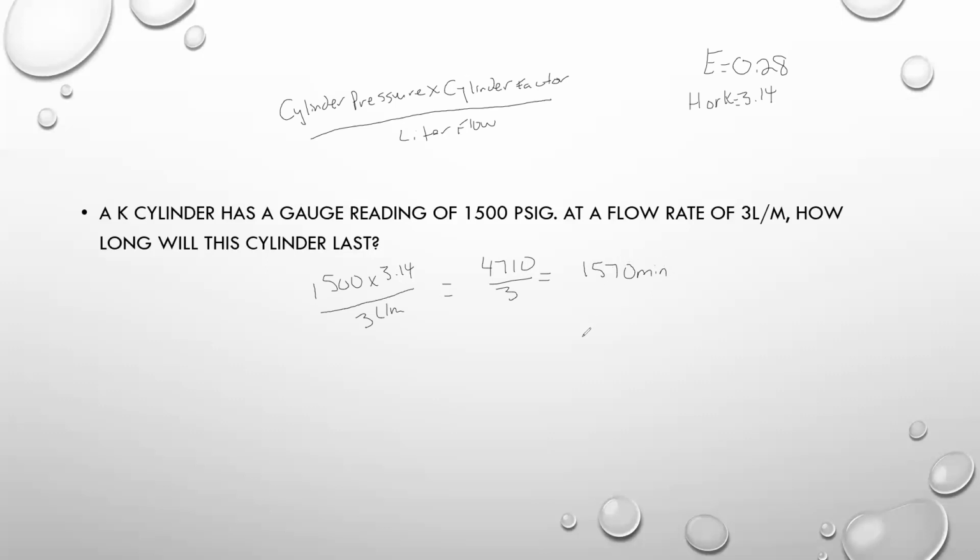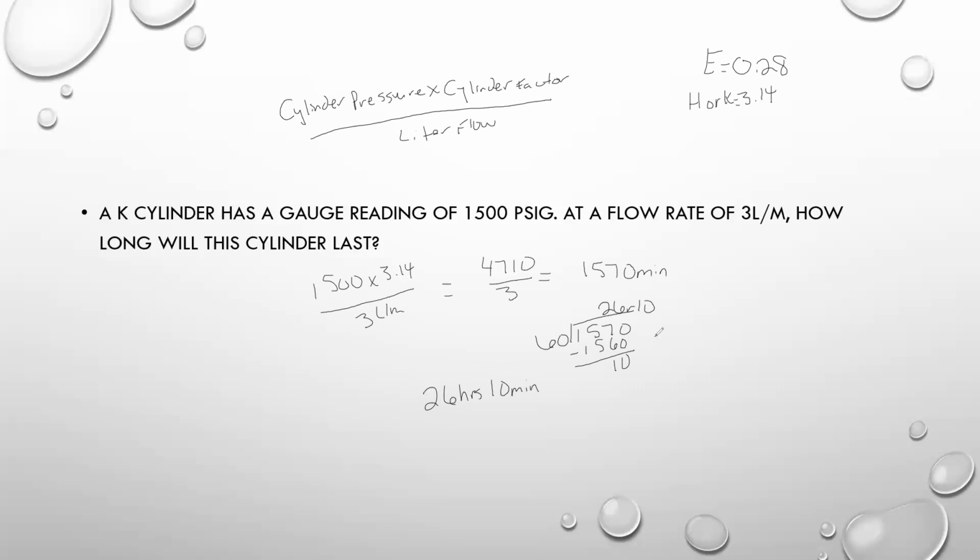Your answer should be in hours and minutes. So now you're going to take 1570, divide that by 60, and that'll give you 26 hours and 10 minutes. So the answer is 26 hours and 10 minutes.